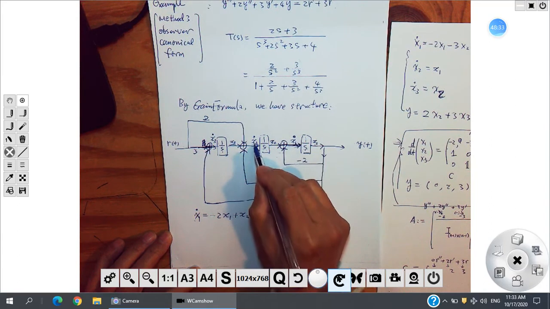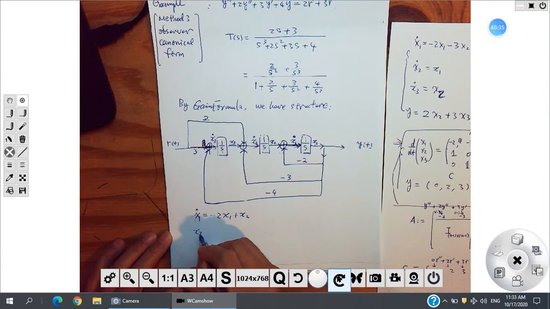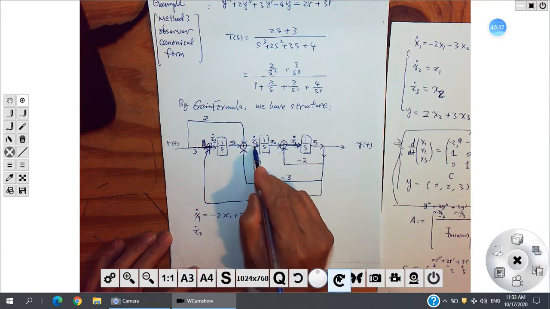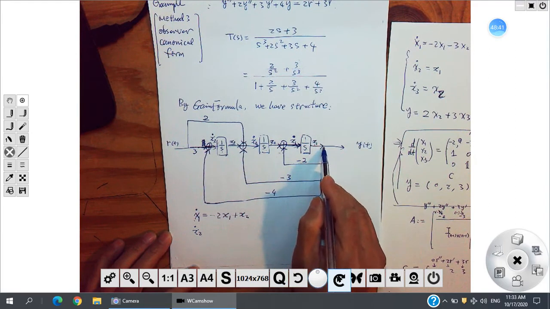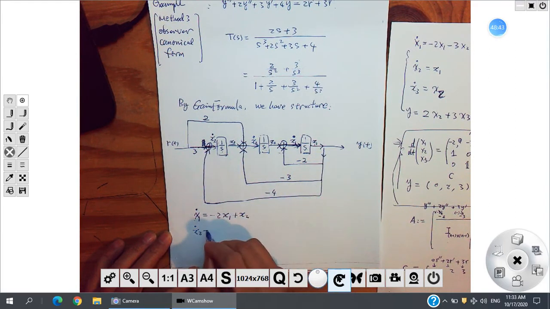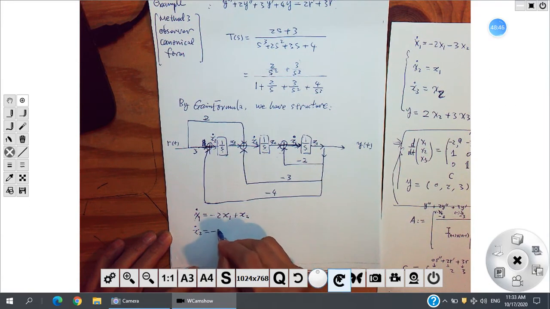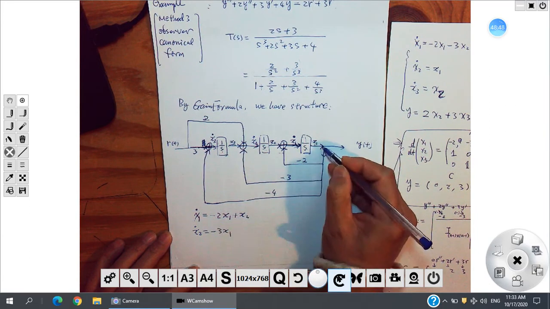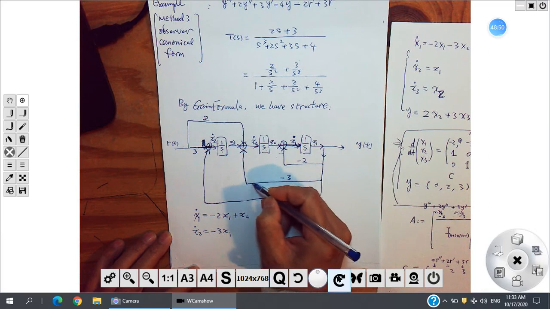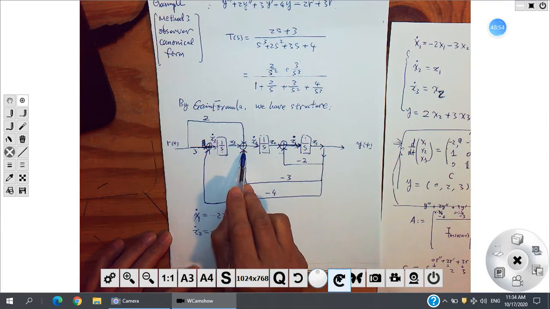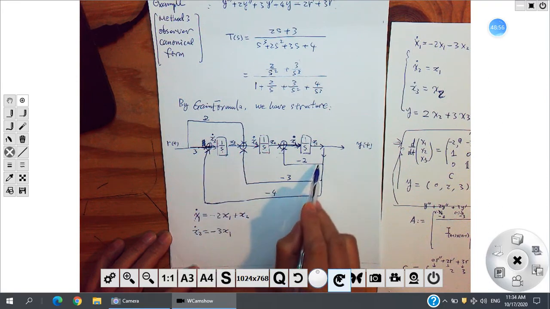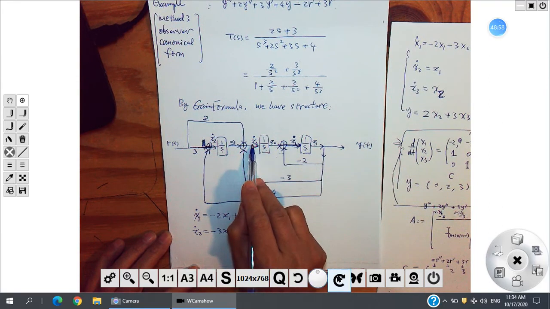The x2 dot, what is x2 dot? Similar, x2 dot is a summation of these 3 signals. x1 times negative 3, right? x1 times negative 3, and x2. x2 dot has no x2.